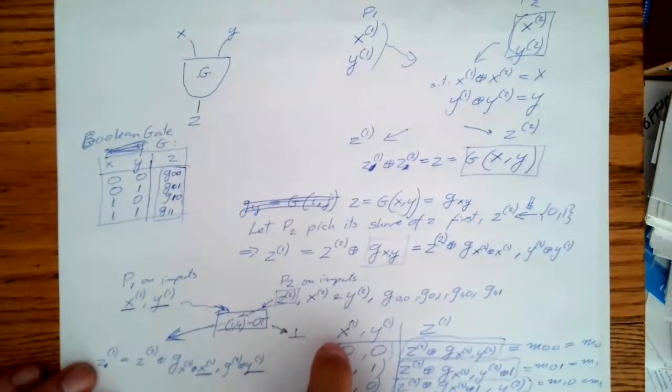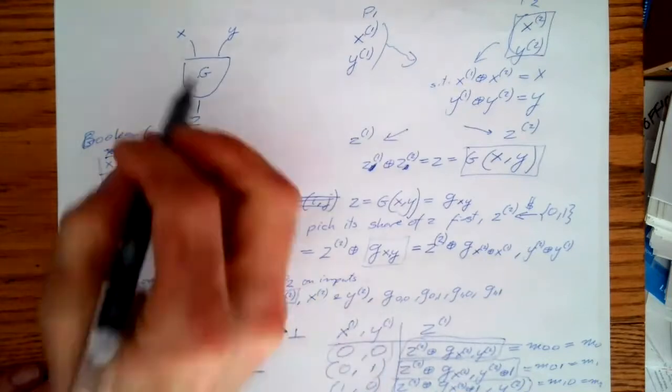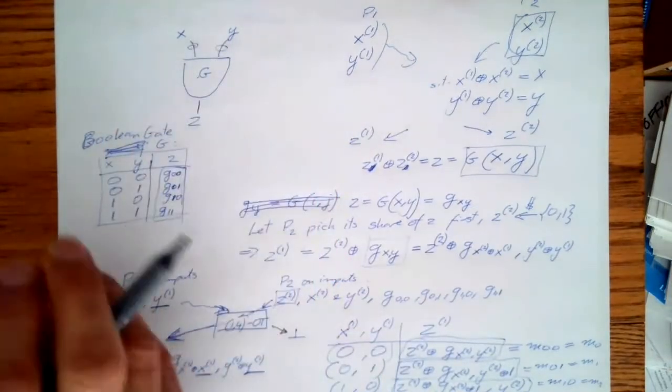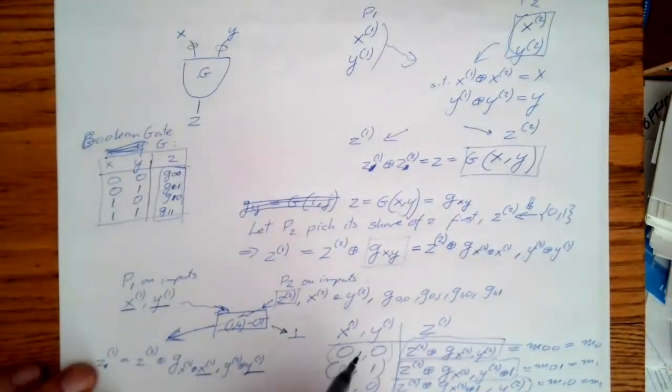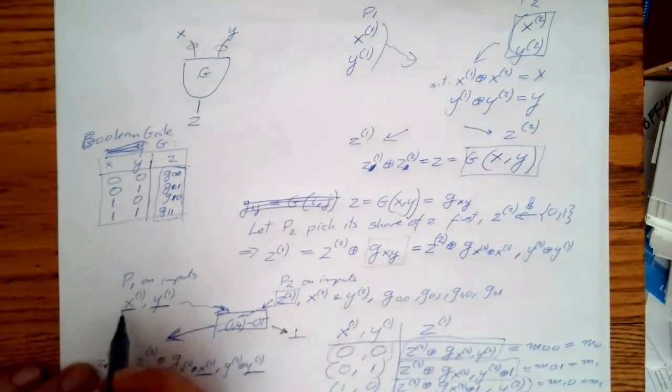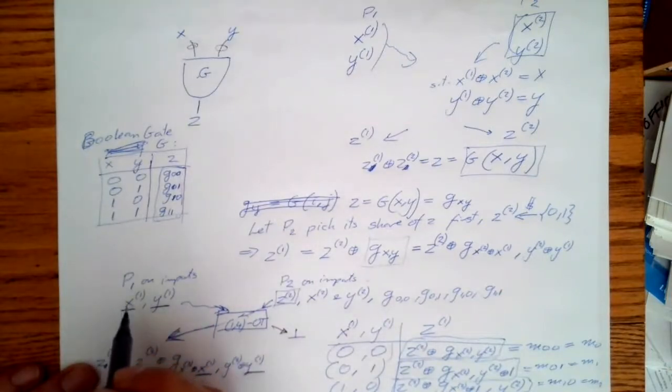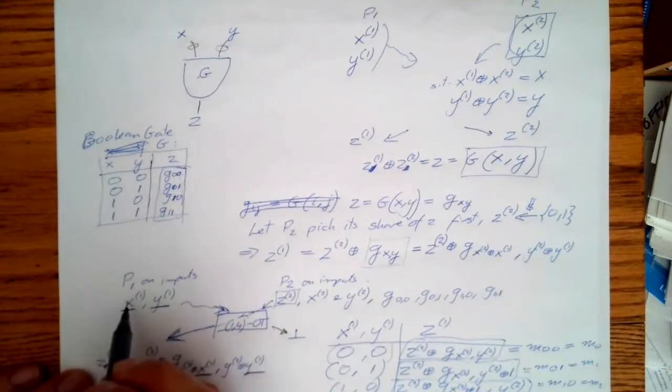So the XORs of the n-1 holders of shares for X and Y, if you XOR their shares, you would form this index, the lookup index. So what you need is an OT where the index is not held by a single party, but by n-1 parties, and it's secret shared.